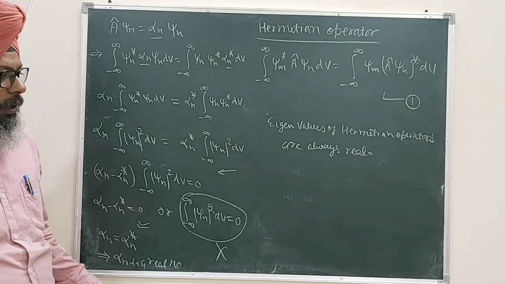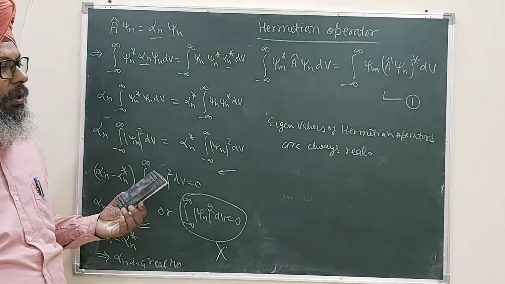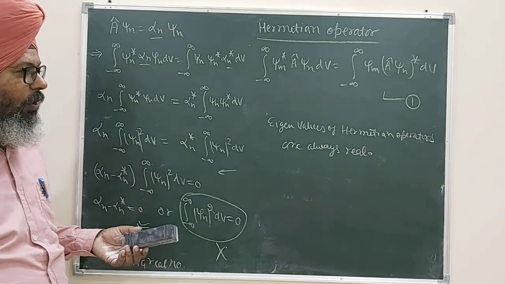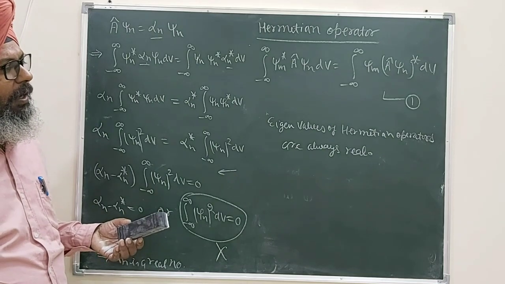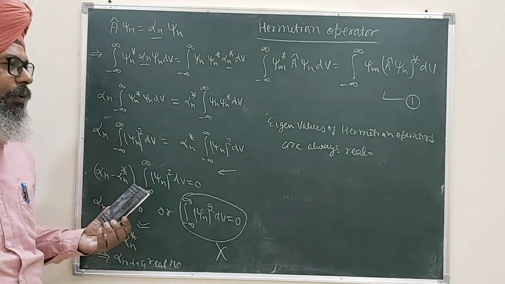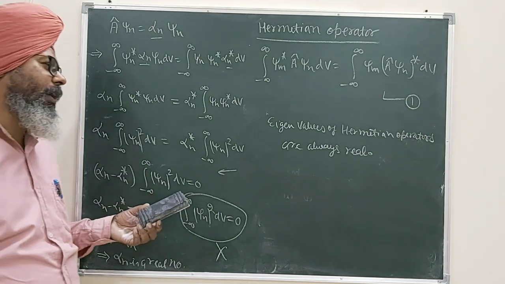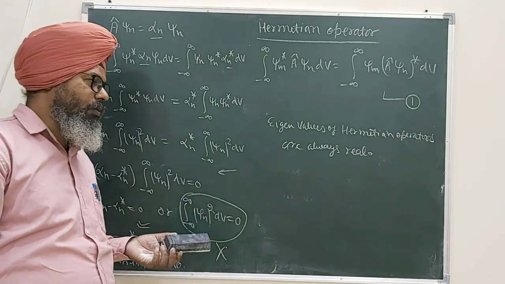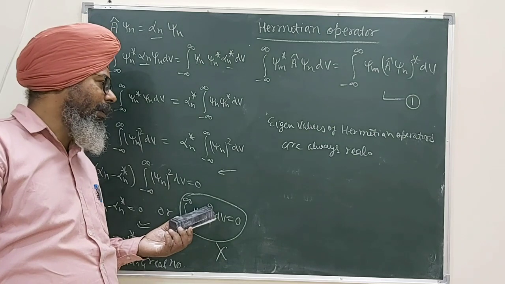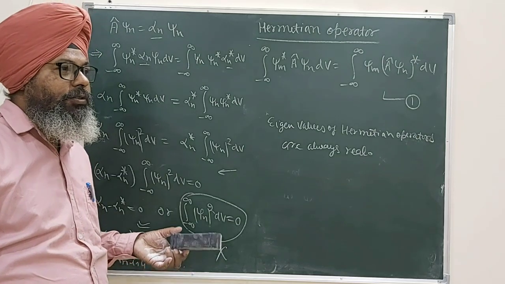And we know that the physical parameters of the system are obtained by applying a suitable operator on the wave function, and then we solve the eigenvalue equation. However, in certain cases it may happen that we are just using our effort in solving the eigenvalue equation of the system by using suitable operators, and in the end we may get complex eigenvalues, but complex or imaginary eigenvalues are not measurable, although these can be calculated, and if these are not measurable, then these are not really useful for us.